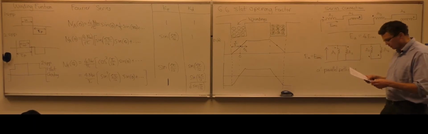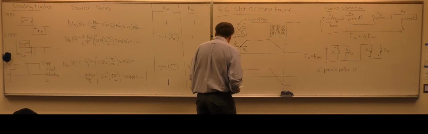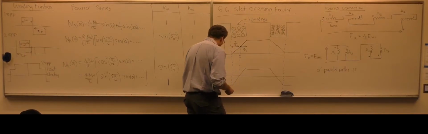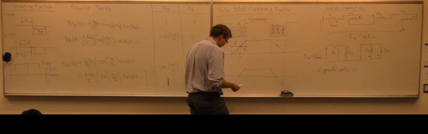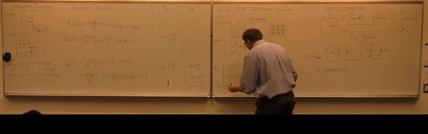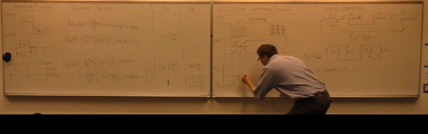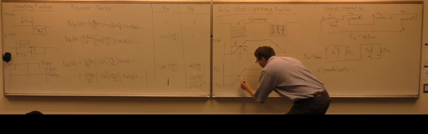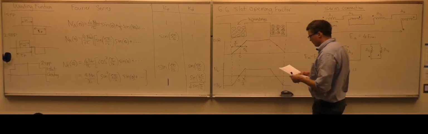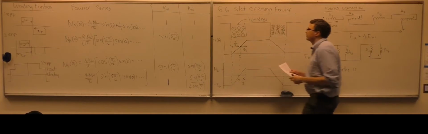So it's not entirely a square wave anymore. Then this point here would be 0, and this point here would be x over 2, where x is the whole slot width.